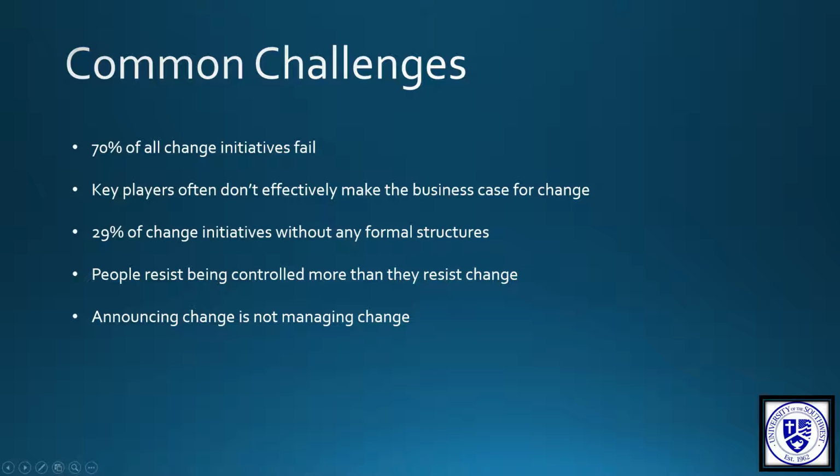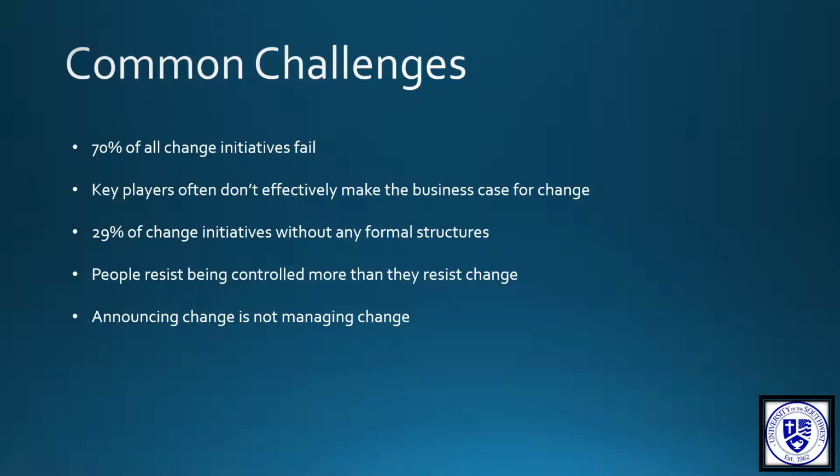We know that 70% of all change initiatives fail. And by fail, we mean they aren't nearly as successful as they should have been. Things didn't go through, they cost more than they should have, they took longer than they should have, or they didn't turn out the way we wanted them to. So a big percentage of change initiatives fail.